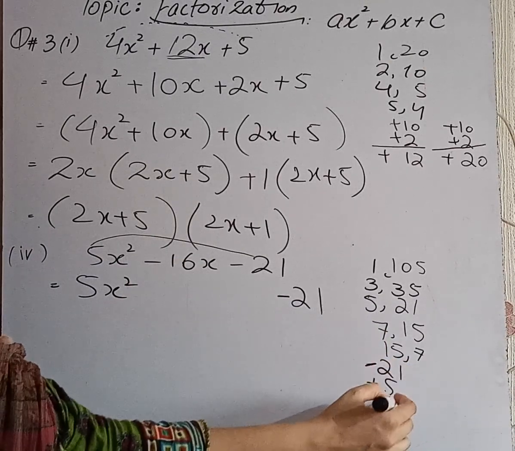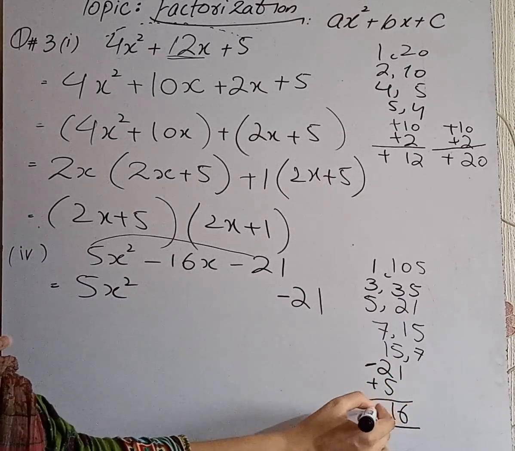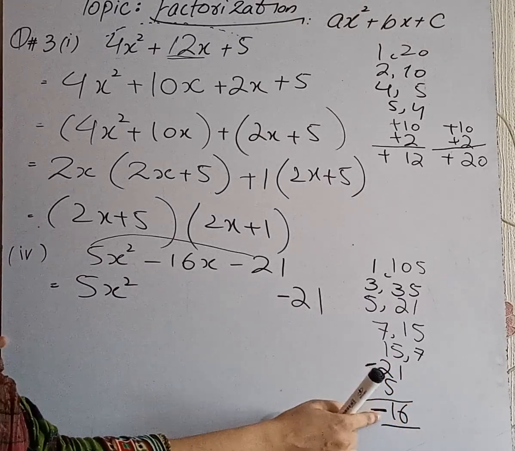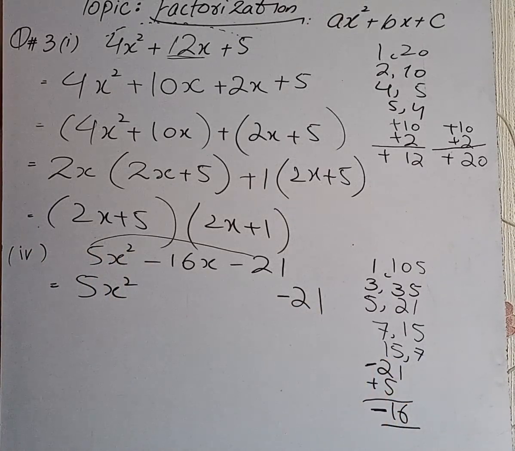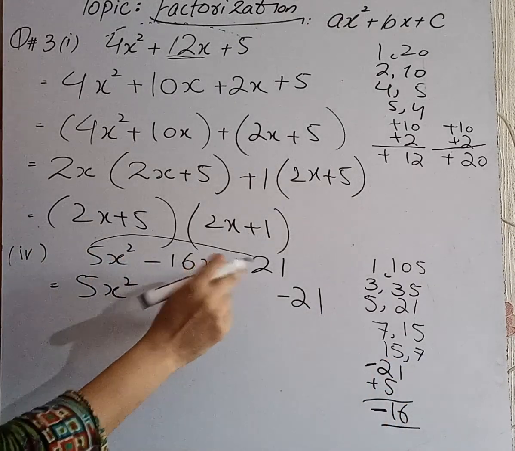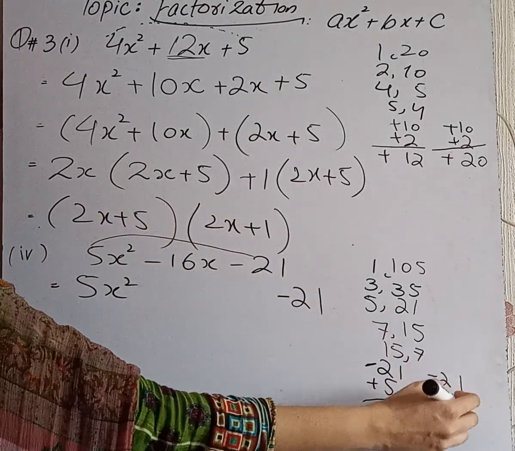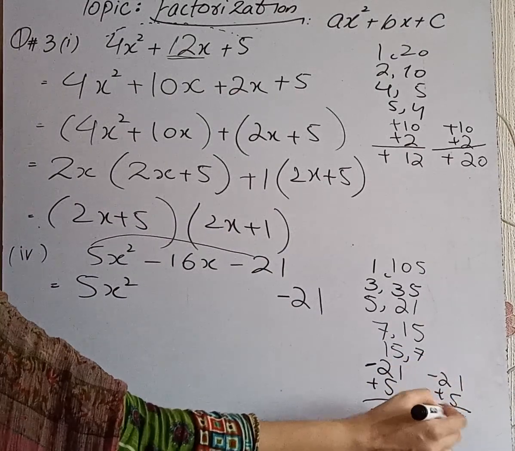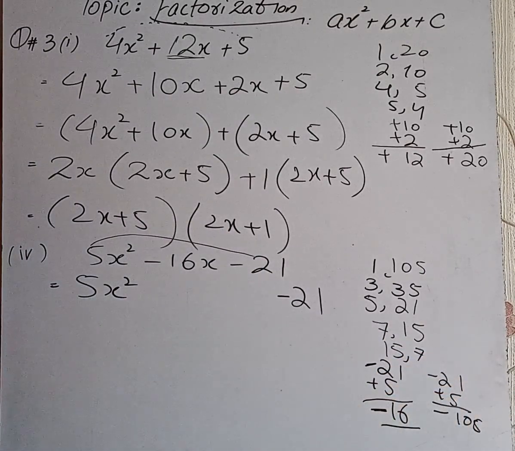Minus plus minus 16, the sign is of the greater value, that is minus. Then it means we can get minus 16 by this pair. But one more thing we have to check: can we get minus 105 after multiplying these? Minus 21 plus 5, plus times minus is minus, and 21 times 5, yes, we can get minus 105 here.